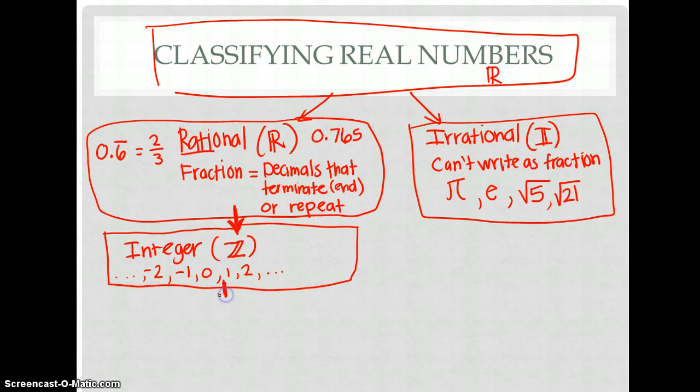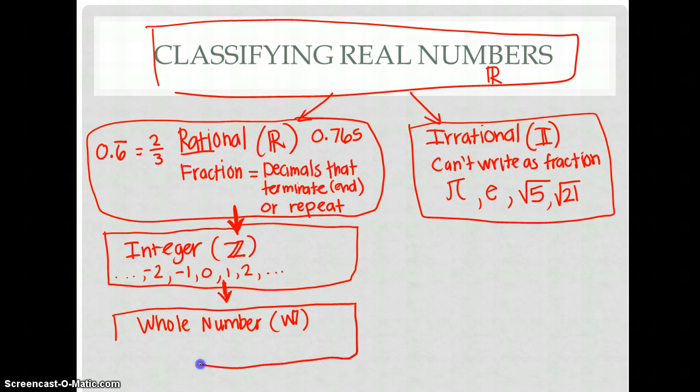Below that group, and it might make more sense to view this chart building up, would be whole numbers. That's a block W. And then below that group, it might make sense to do this last group first.